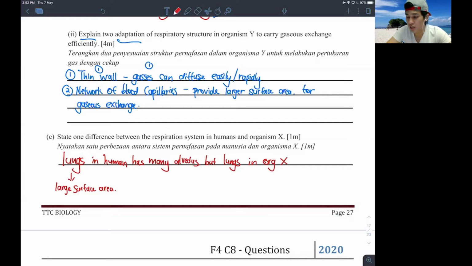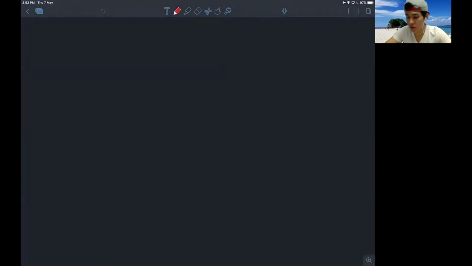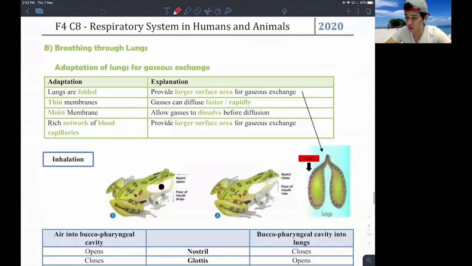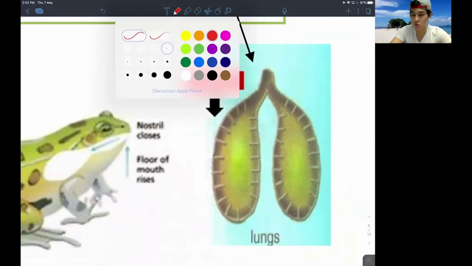So in frogs, how their lungs achieve large surface area is that organism X has folded wall. Okay, means that the lungs are folded. Remember this one? Show you here the frog. Yep, lungs are folded because in frog lungs, they don't have alveolus to carry out gases exchange.